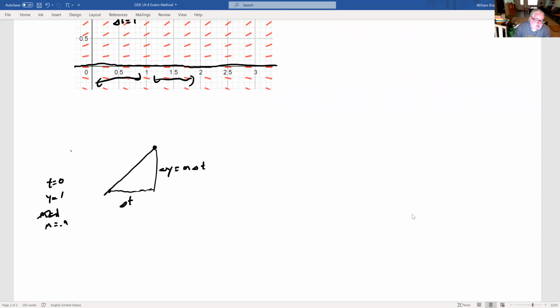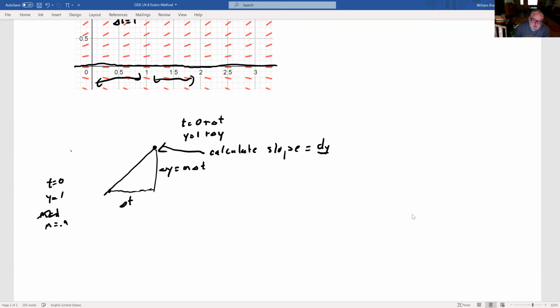And what's the new point? The new point is the old point, which is 0 plus whatever delta t is, and then y equals 1 plus whatever our delta y is. And at this new point, because we're on a slope field, we know that there's a slope there.